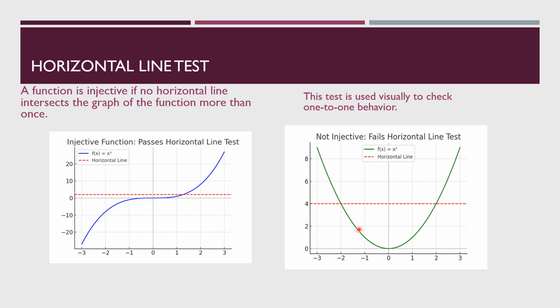But what do you see here? We are having 2 points of intersection. So this particular function fails the horizontal line test. As such, it is not an injective function, meaning this function fails to be a one-to-one function.